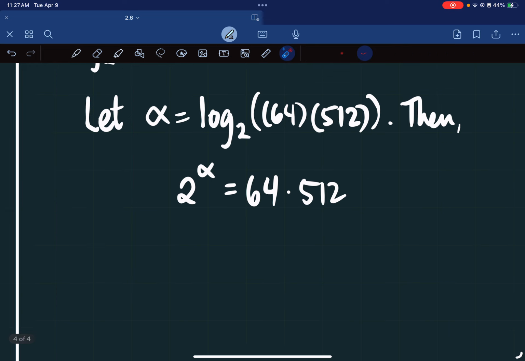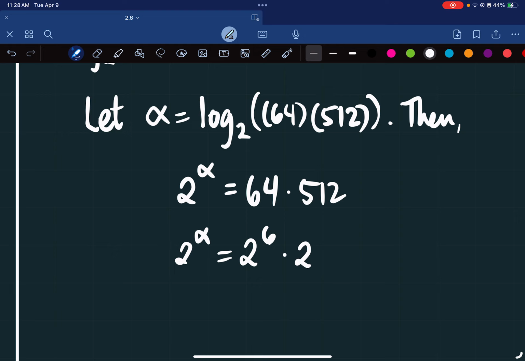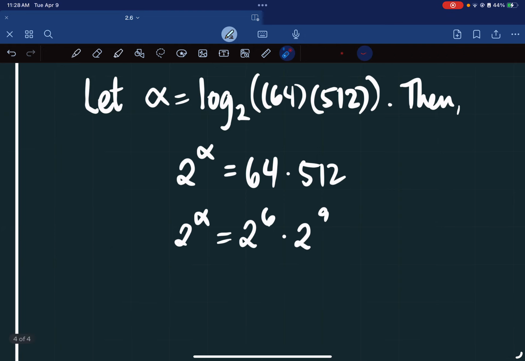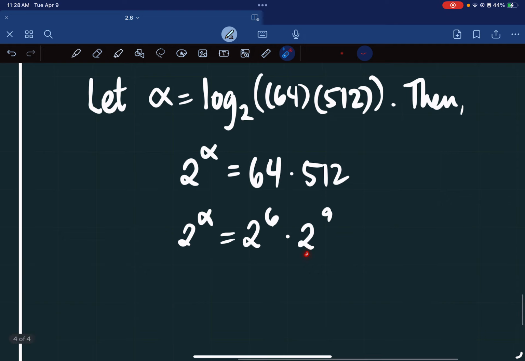However, if you can recall, 64 is just the same as 2 raised to 6, and 512 is just the same as 2 raised to 9. So we can write this as 2 raised to alpha equals 2 raised to 6 times 2 raised to 9. And by the laws of exponents, since you have the same base, multiplying them would just be the same as copying the base and adding their exponents.